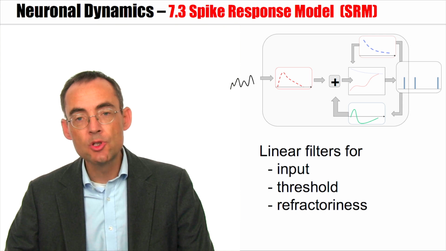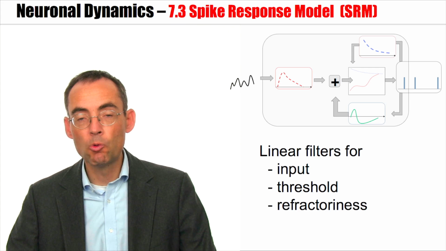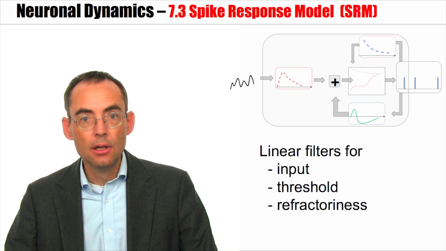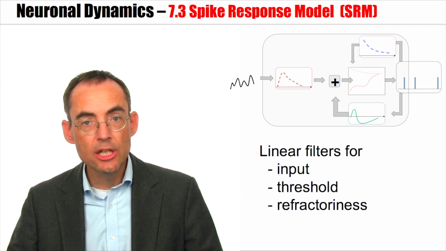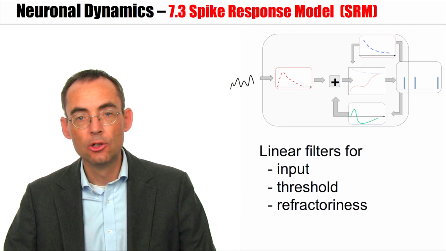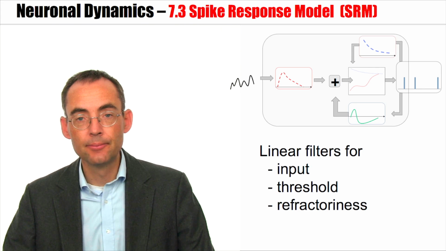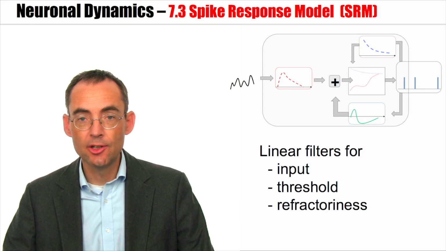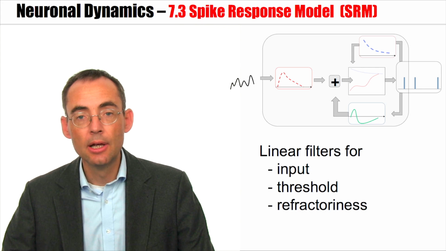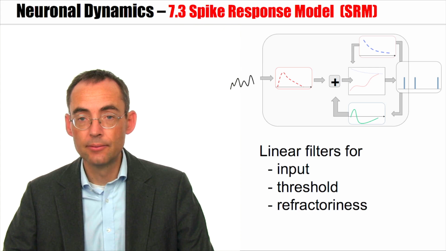Let me summarize what we have seen. The spike response model can be interpreted in two different ways. First, we can start from a leaky integrate-and-fire model with an arbitrary number of adaptation variables. If the adaptation and the leaky integrate-and-fire have both linear equations, they can be integrated and we arrive at some kernels or filters.